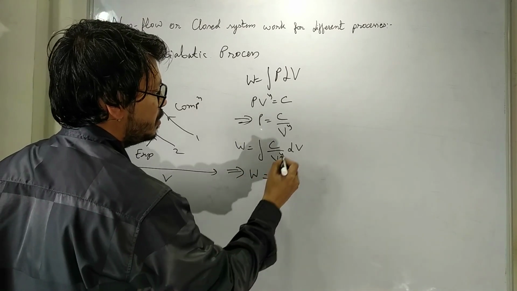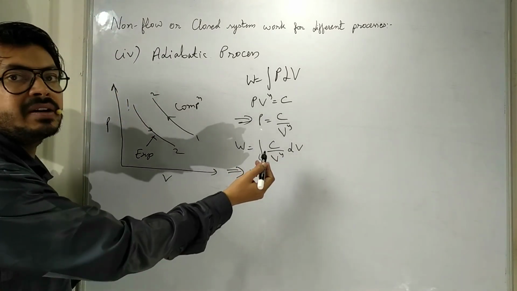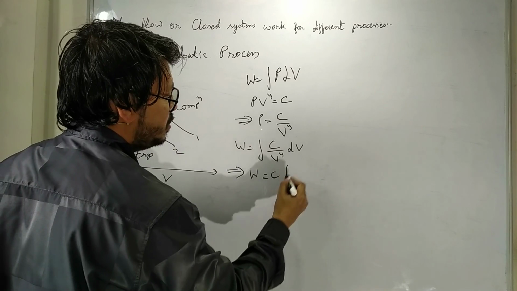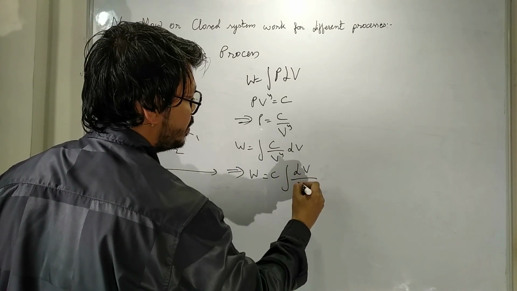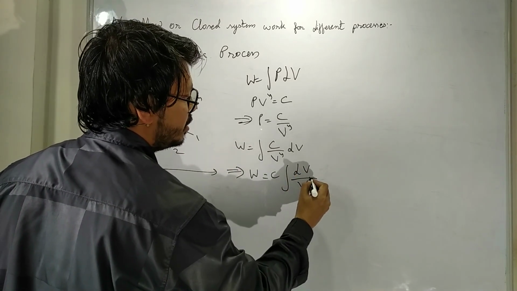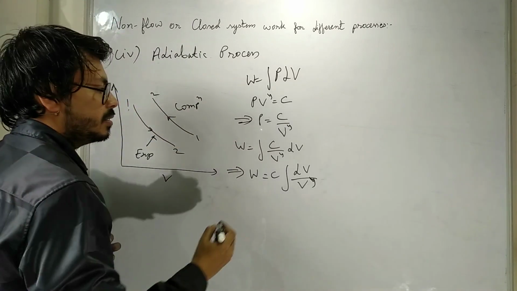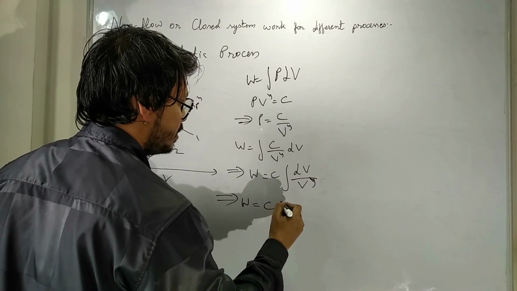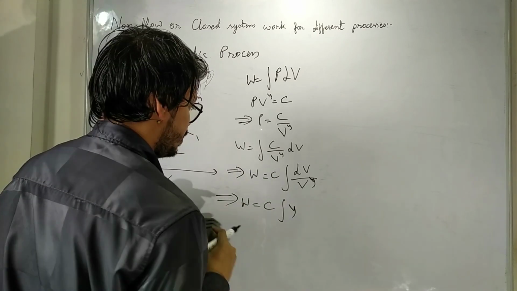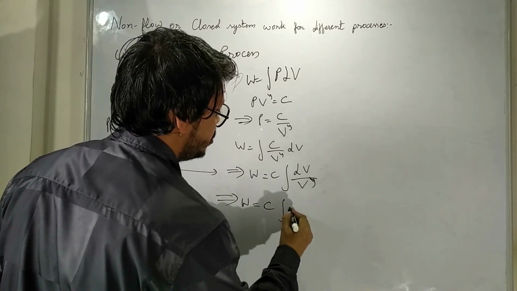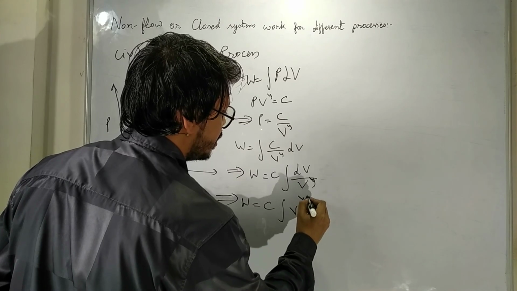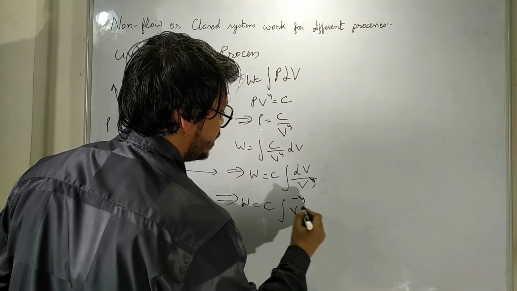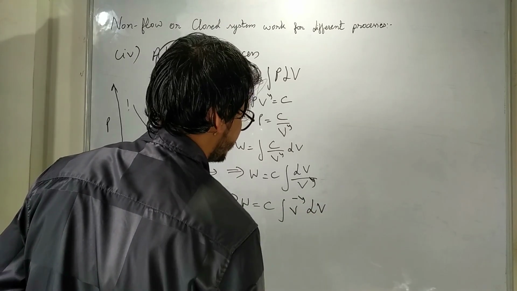C is the constant, so it will come out of the integration: C into integration of dV by V to the power gamma. This we can write as W is equal to C integration of V to the power minus gamma dV.